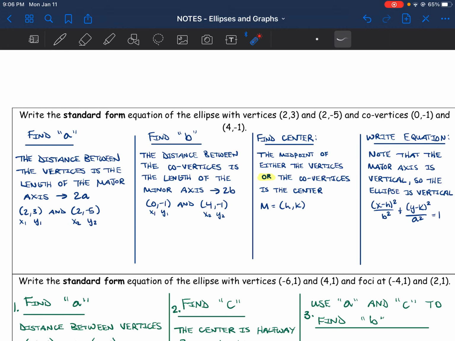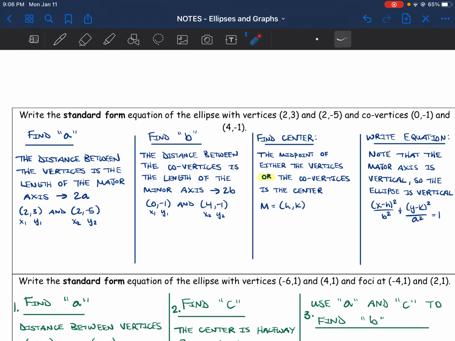So remember, A is always bigger than B, so we're concerned with the vertices. And the A term is going to be half the distance of the major axis. If we have the vertices (2, 3) and (2, -5), if we can just find the distance of the major axis and cut it in half, then we're good to go.